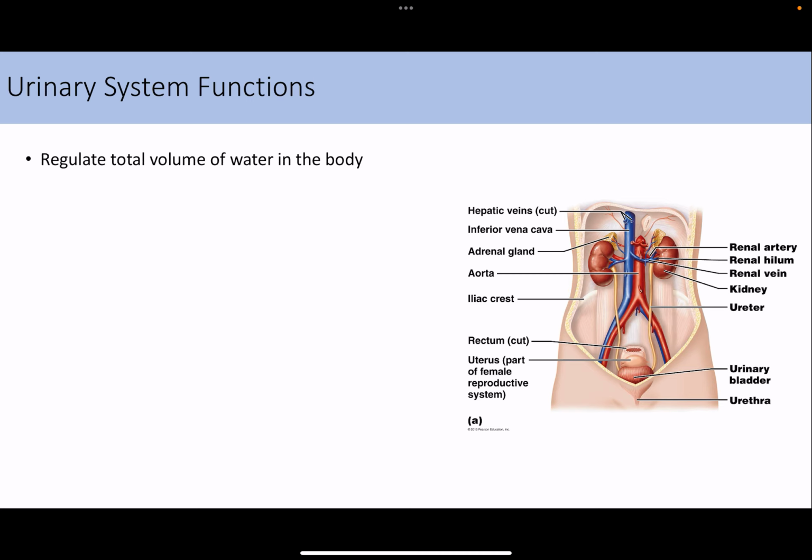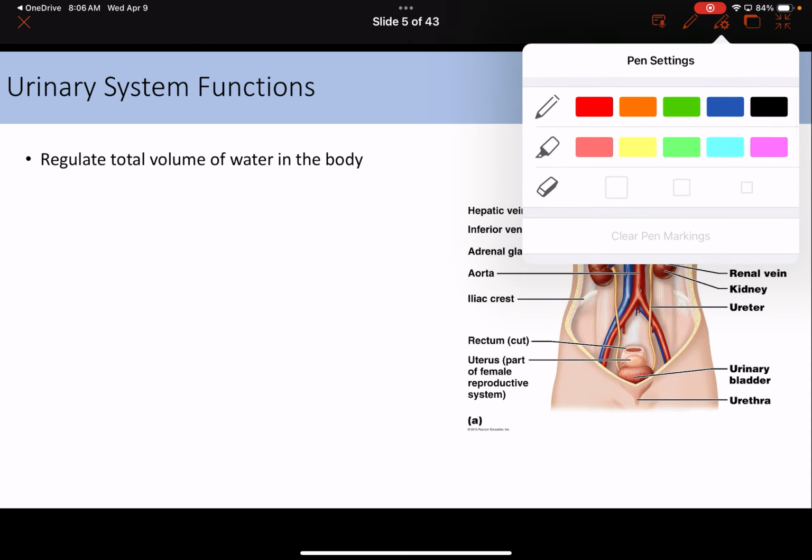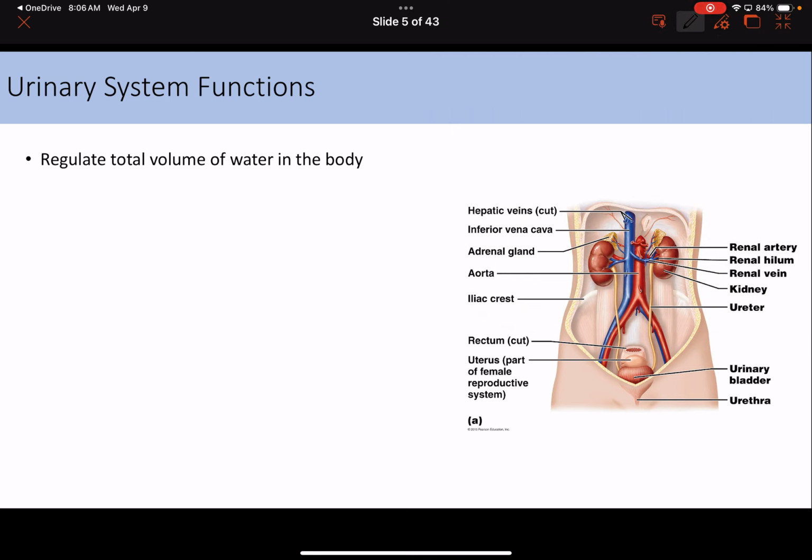So urinary system functions. The urinary system is going to regulate the total volume of water in the body. This is under hormonal control. Anybody remember the two hormones that are going to regulate water movement? ADH, and what was the other one? I heard it.